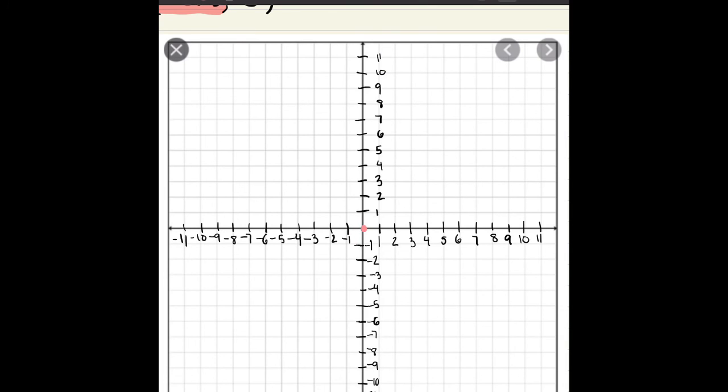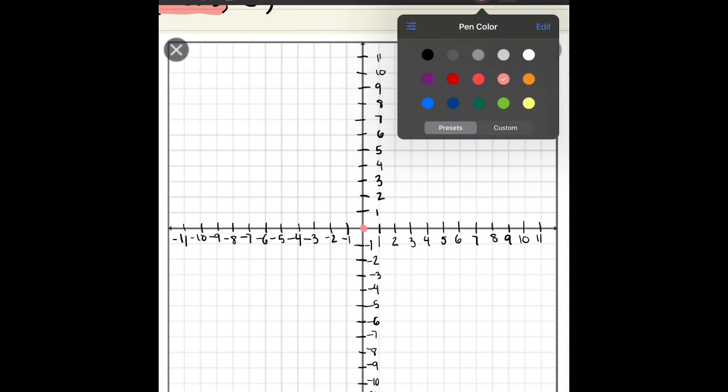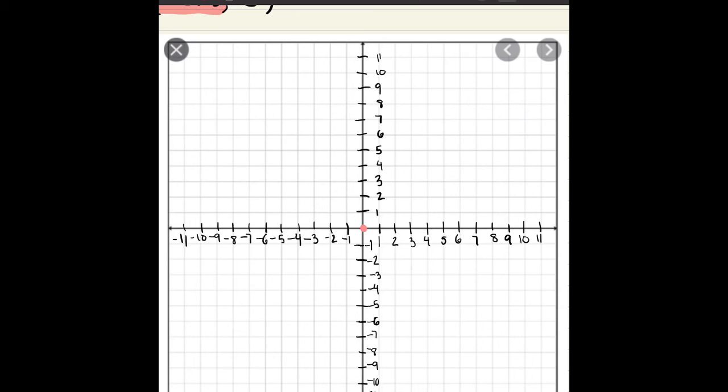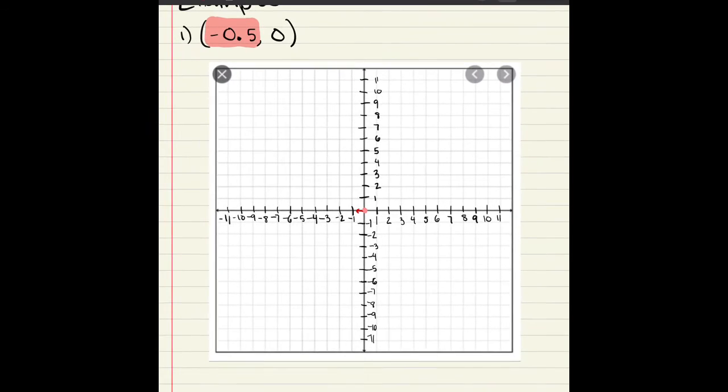So I'm going to start at my origin, which is right here where they intersect, and I'm going to crawl to half, because it's 0.5, which is right here. And then my y-coordinate is 0. So I'm going to go nowhere. If it's 0, I don't move. So my final plot is right here. And let's label it B. So that's my final answer.